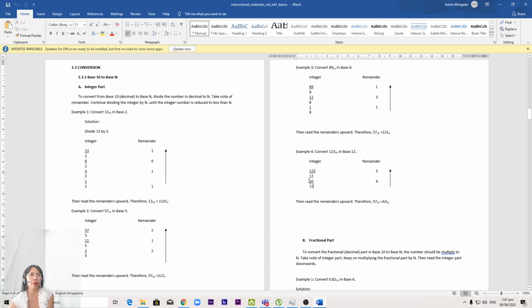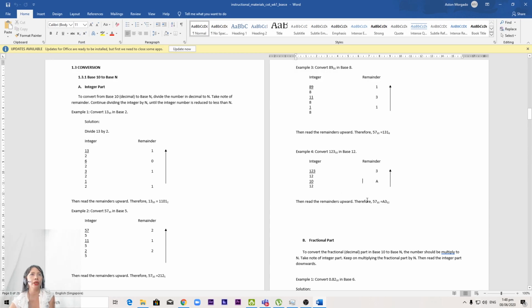Since 10 over 12 is already less than 1, we just simply copy 10 here. But in base 12, 10 is actually after 9, so the valid symbols for base 12 are 0 to 9, then A, B. So 10 is actually A. Instead of writing 10, you have to write A.